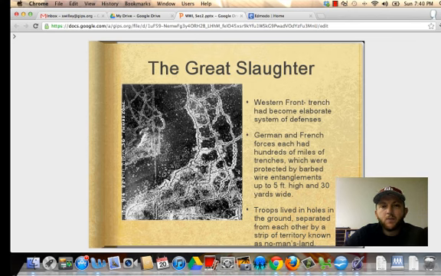And of course, they put barbed wire there to slow the soldiers down before they actually made it to their trench so that they could shoot them. Troops lived in holes in the ground, separated from each other by a strip of territory known as no man's land. Those are a couple fill in the blank there on your worksheet.